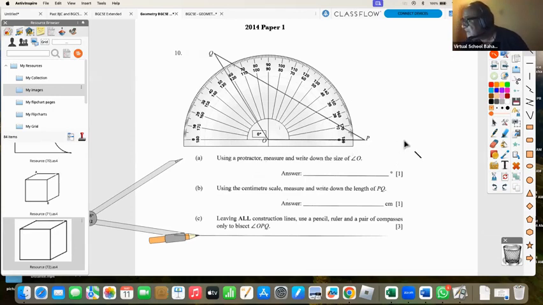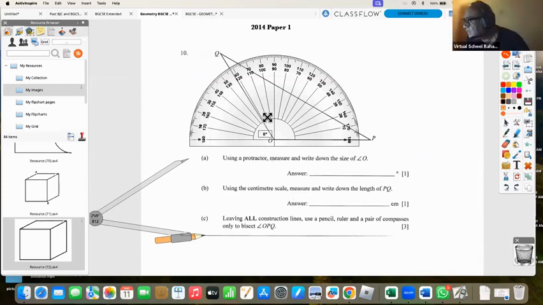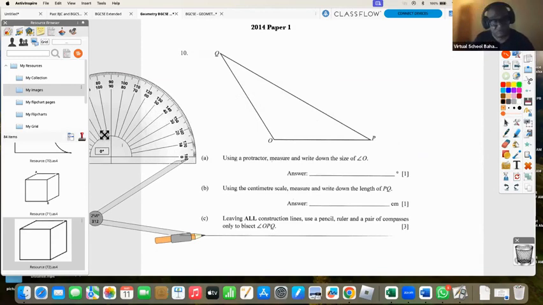What are we seeing there? 122. So you will write your 122 on this line here, and they have the degree sign here for you.